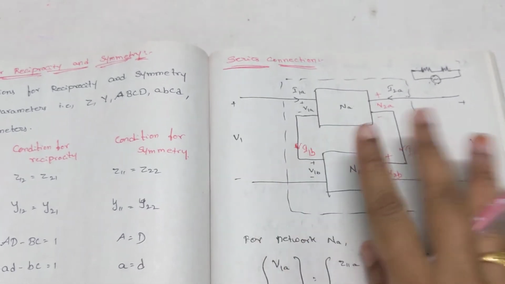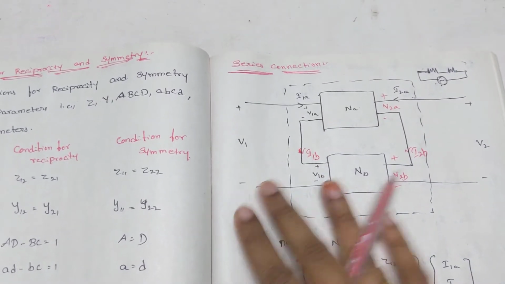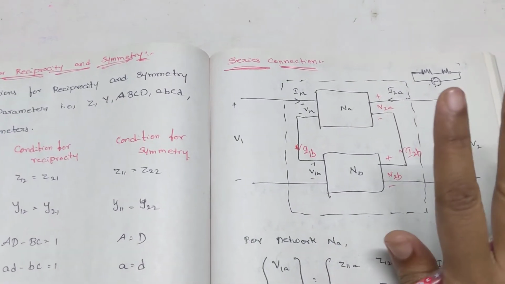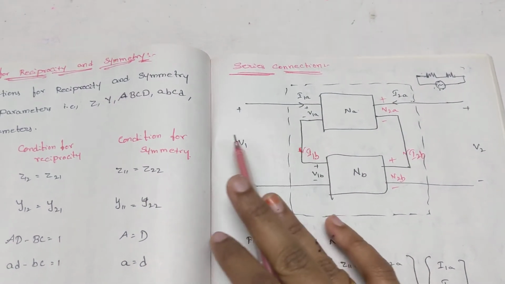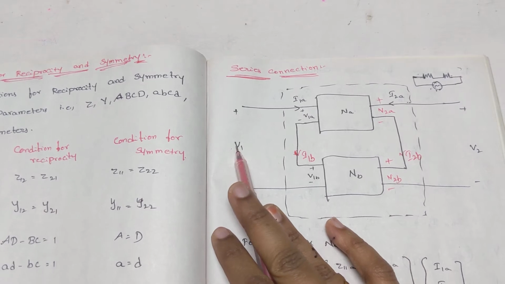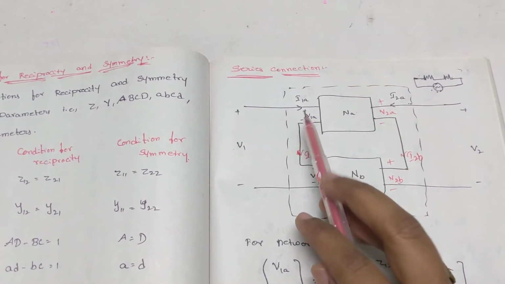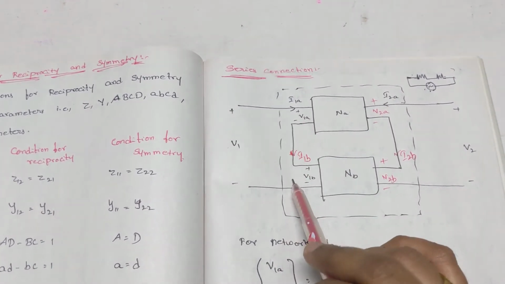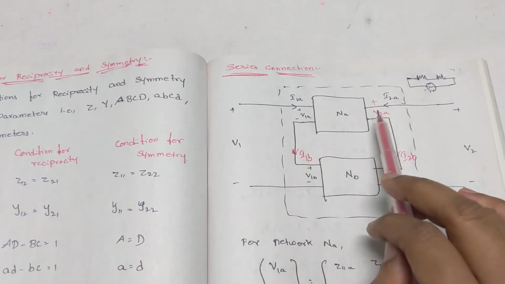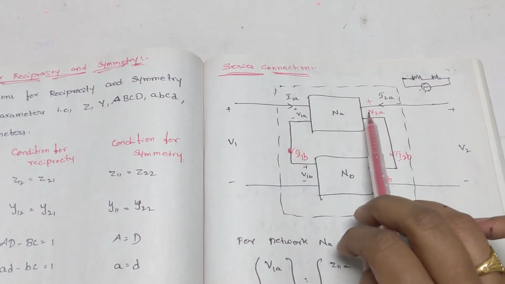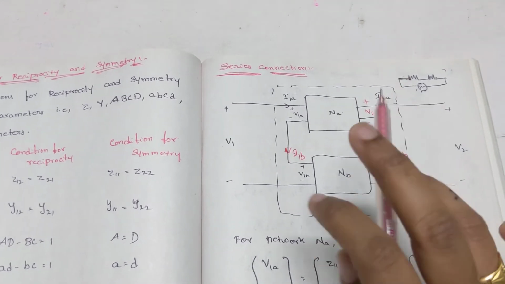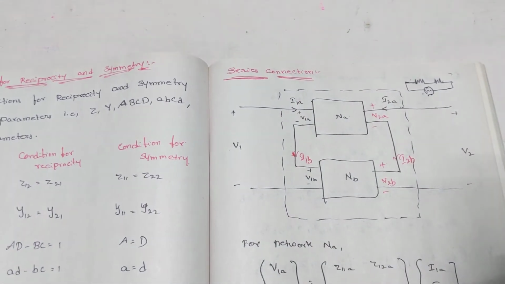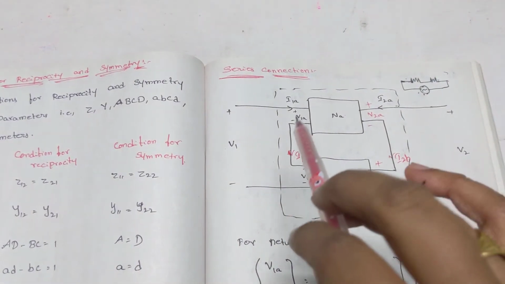We have two ports. V1 is your input and V2 is your output. Whatever the input voltage, it should equal the input of network NA as well as network NB. In a similar fashion, your output V2 should equal your outputs V2A and V2B. That is the two conditions regarding your voltages.